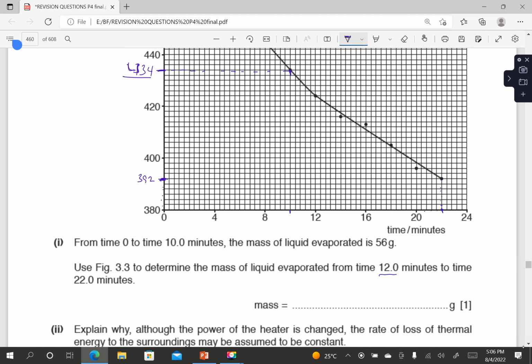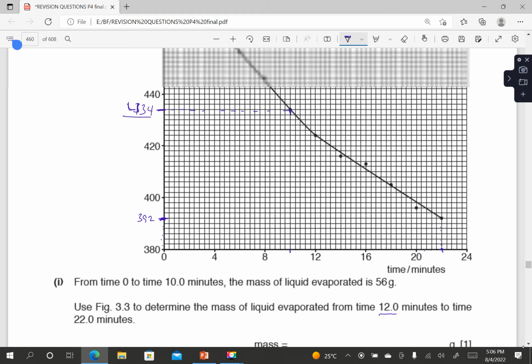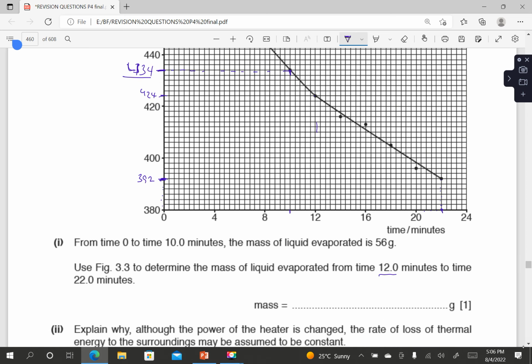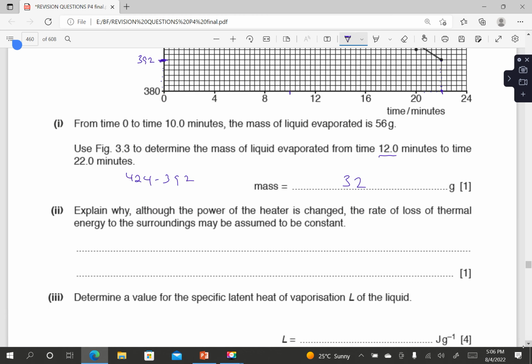Then at 12, I think this is 12, and this is 424. So the mass which has evaporated, we just subtract 424 minus 392, which is precisely 32 grams.